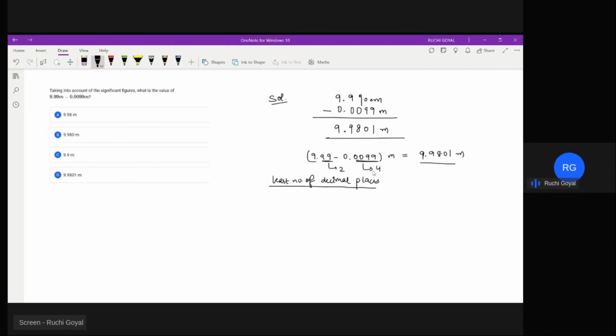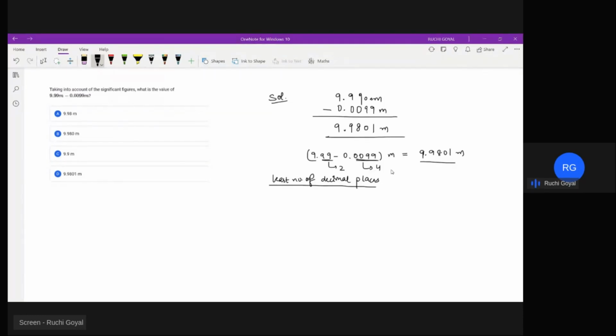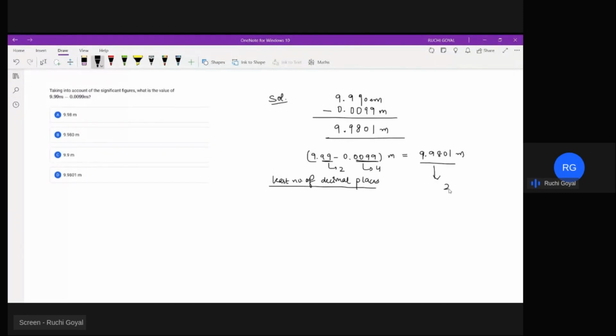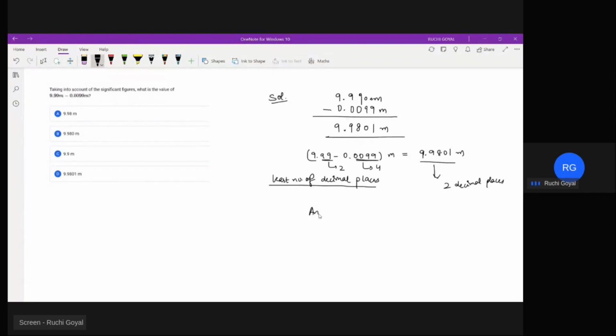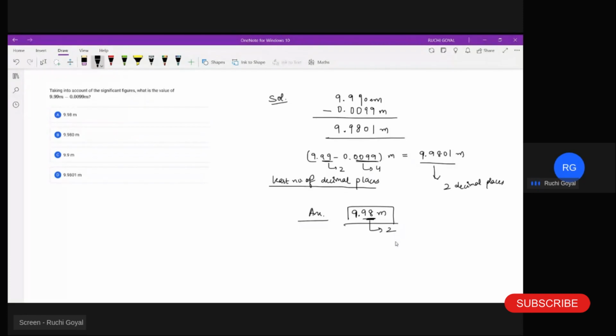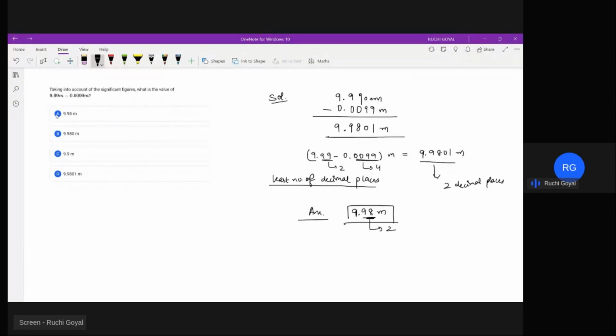So we find the least, and the answer should be according to 2 decimal places. So the answer will be 9.98 meter, which has 2 decimal places. So 9.98 meter is the correct answer, option A.